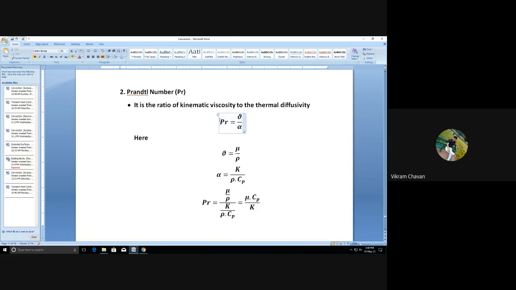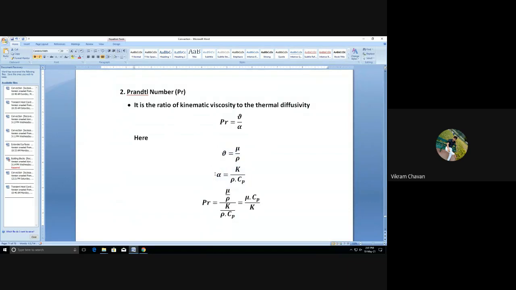So we can write mathematically as Pr is equal to nu divided by alpha. Nu is kinematic viscosity and alpha is thermal diffusivity. We know the nu formula: kinematic viscosity is the ratio of dynamic viscosity to the density, so nu is equal to mu divided by rho.